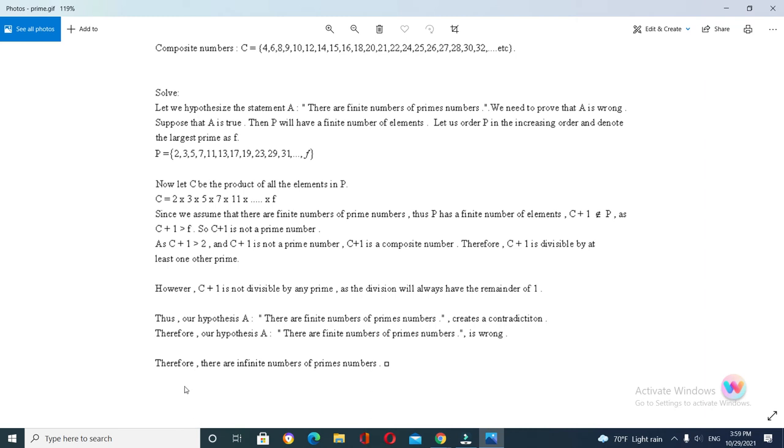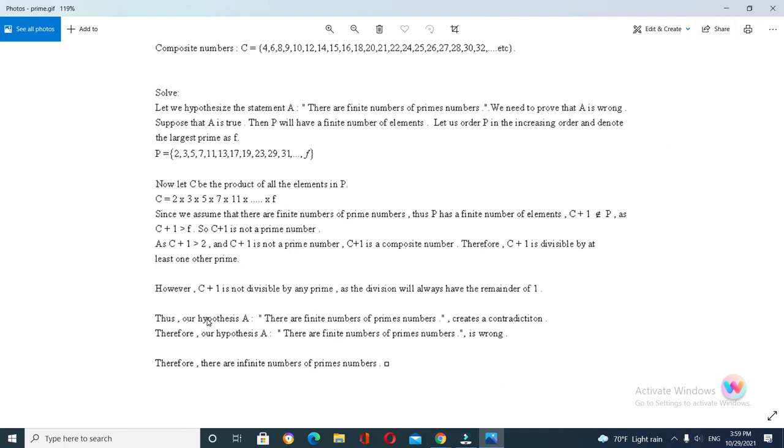So therefore, our hypothesis A, there are a finite number of prime numbers, creates a contradiction. The contradiction is that C plus 1 is divisible by at least another prime, and C plus 1 is at the same time not divisible by any primes.